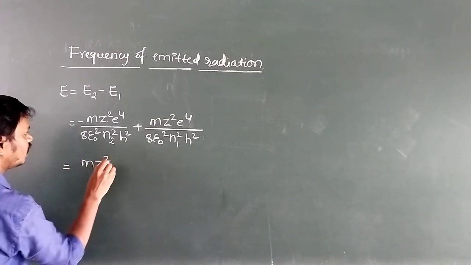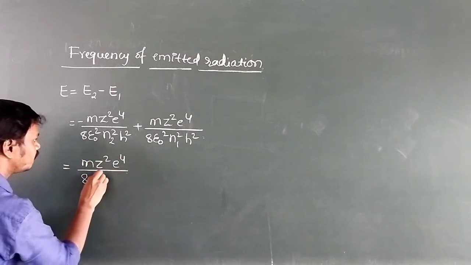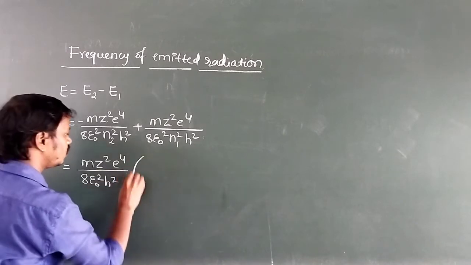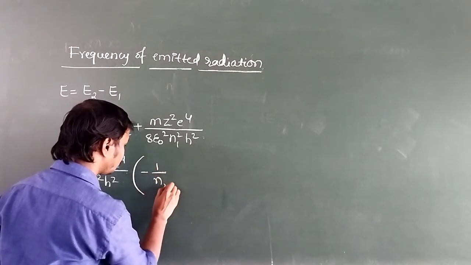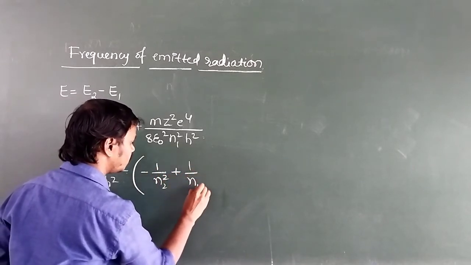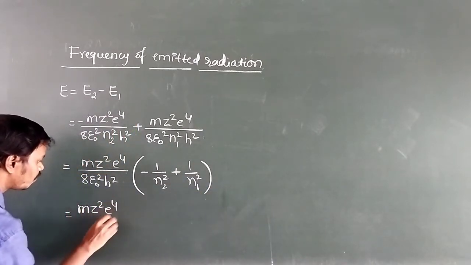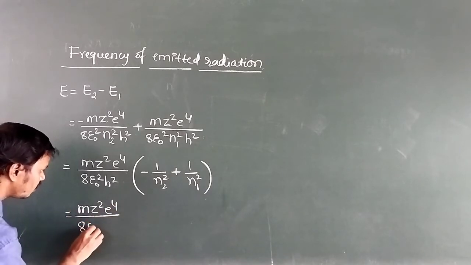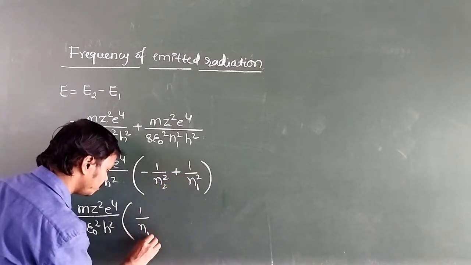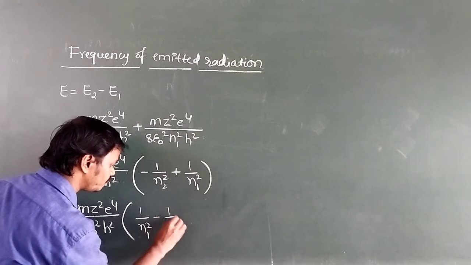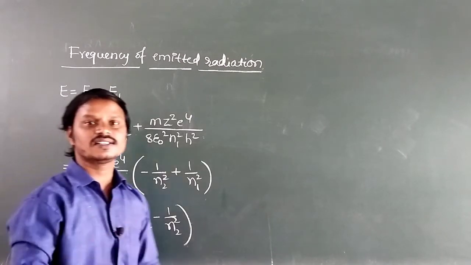So now in the bracket minus 1 by n2 square plus 1 by n1 square, and this can be written as m z square e to the power of 4 divided by 8 epsilon naught square into h square. So first I will write positive term, that is 1 by n1 square minus 1 by n2 square. Then it is the energy of the emitted radiation, means energy of the spectral line.